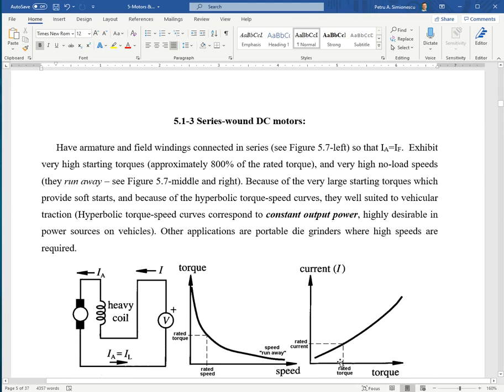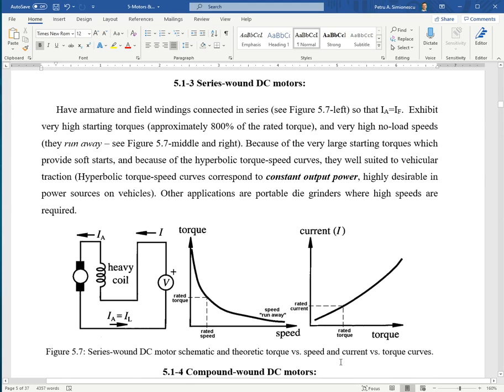Here's a series wound DC motor, which you see used in at least the older designs of go-karts, or as the starter motor on every vehicle to crank the engine.